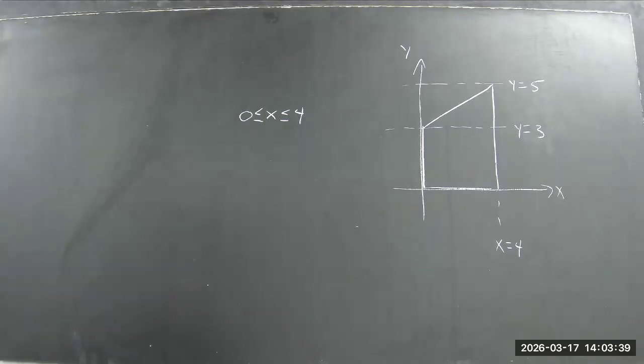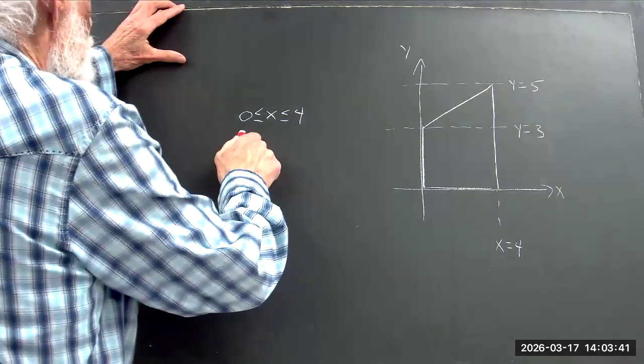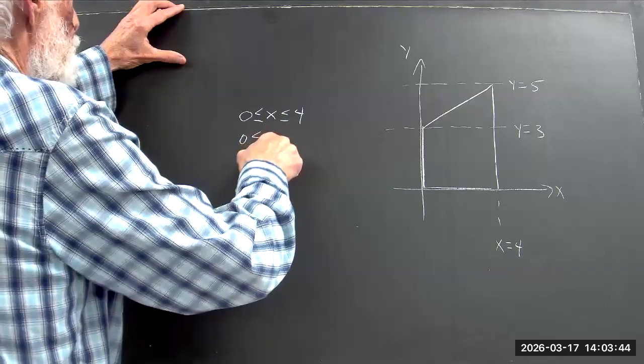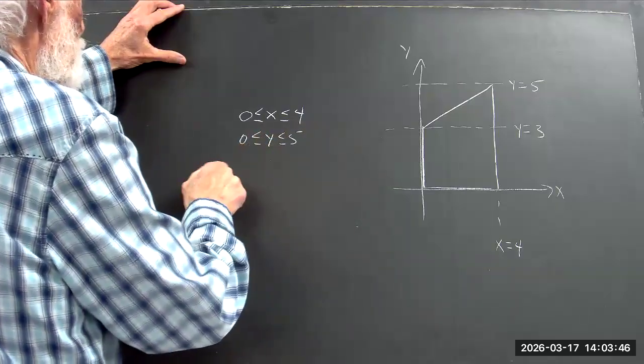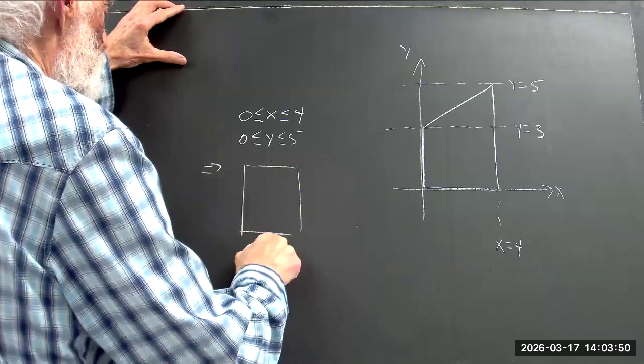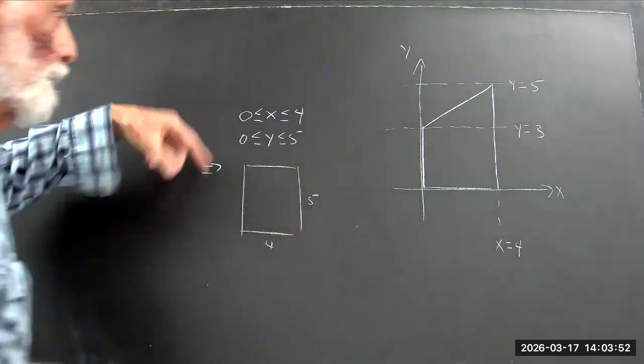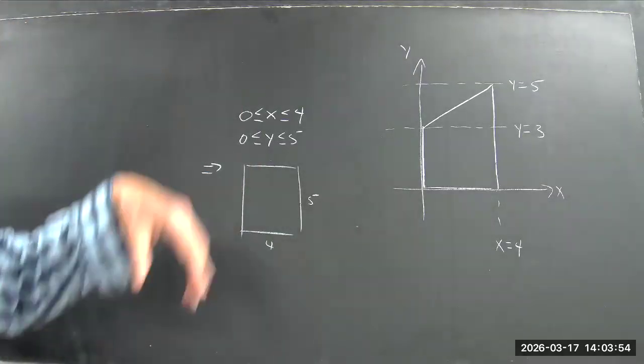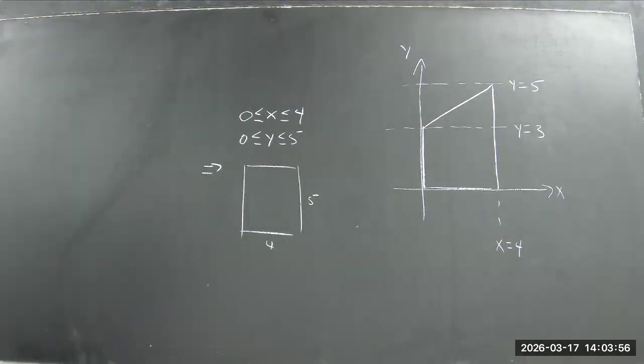Okay. Now, if I say 0 less than or equal to y less than or equal to 5, that implies a 4 by 5 rectangle. Is that clear?